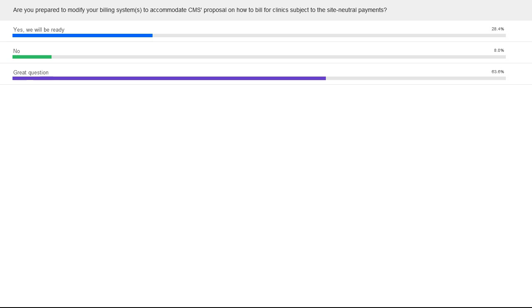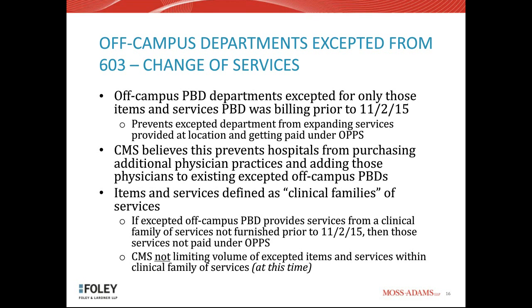Yeah. So moving on. The next thing is, here's where you get caught on your grandfathered facility, your accepted department. So let's say you were grandfathered in as an outpatient hospital department for services that you were billing as provider-based prior to November 2nd.